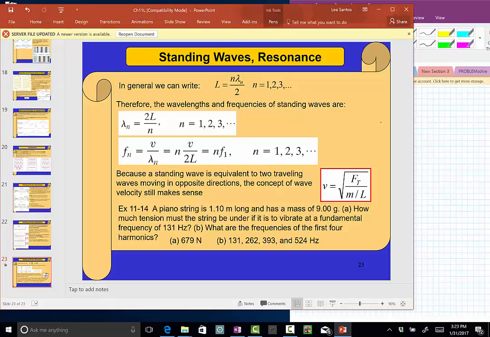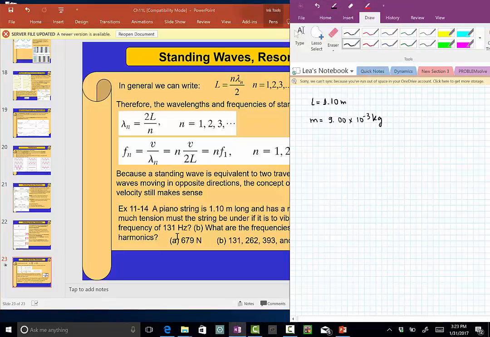And they come with the question, how much tension must the string be under if it is to vibrate at a fundamental frequency of 131 hertz? So just by reading this problem, we know that they are giving us this frequency of the fundamental, which is the first harmonic. That's why I'm putting this index 1 here, which is equal to 131 hertz.